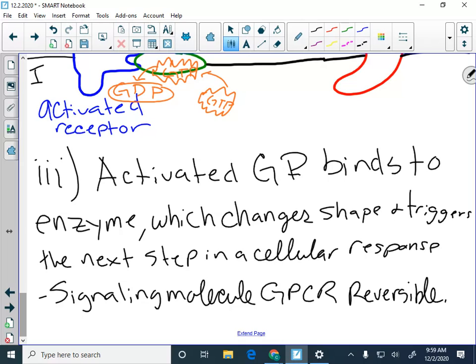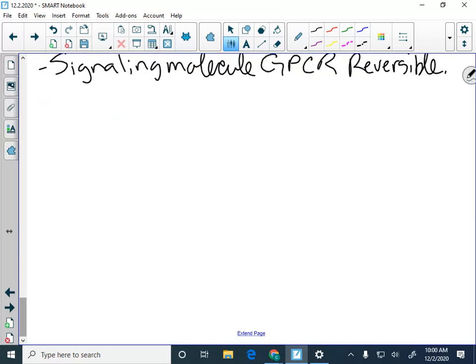The fact that this whole process is reversible is really important. It means our cell can reuse this machinery over and over again. It doesn't have to make new enzymes every time one is triggered by a signaling molecule. So anything that happens is completely reversible. All reusable.